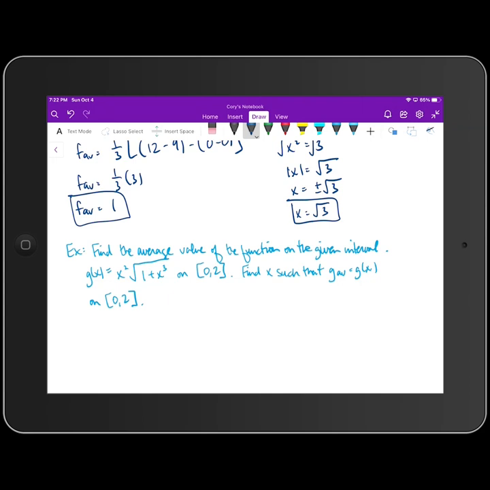And then we're also asked to find x such that the average value of g is equal to g of x on the closed interval from 0 to 2. So I'm going to have you guys work this one out on your own. To do the first part, to find the average value, you can do that by hand. For the second part, you're going to need your calculator. Okay, so go ahead and give that one a try, and then I'll work on it with you guys.